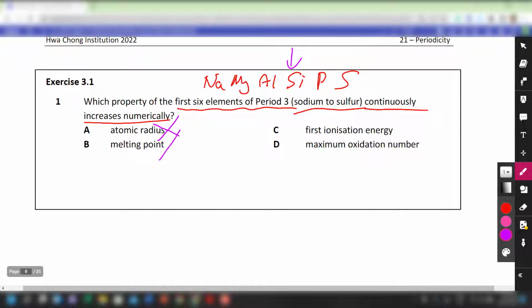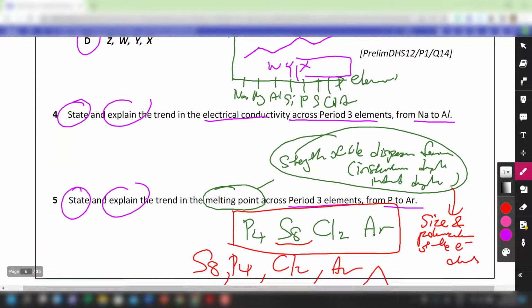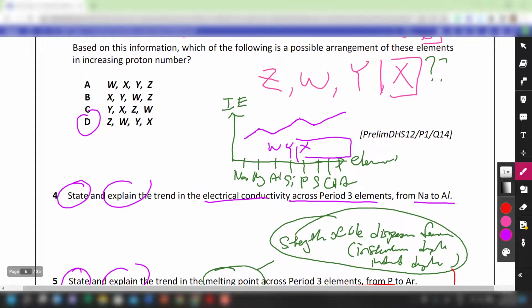Okay, then next for option C, first ionization energy, is it a continuous increase? No, because earlier on, remember, we talked about 2 abnormalities over here. Okay, so from magnesium to aluminium, valence electrons in aluminium found in 3p on the average spend its time further away from the nucleus.